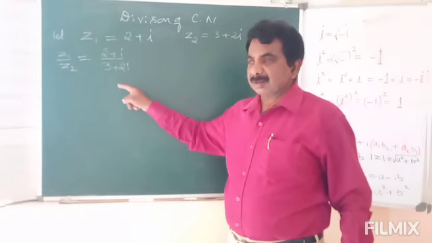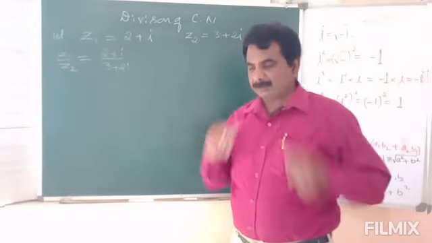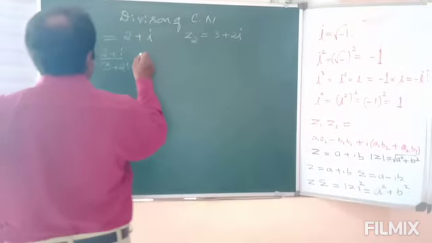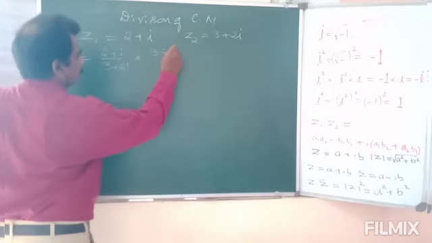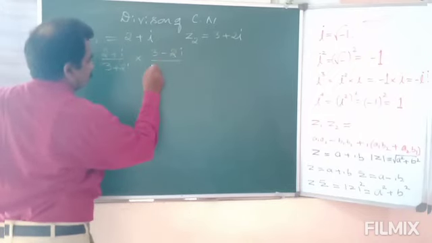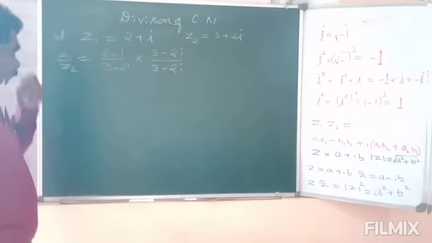Take the conjugate of the denominator, and it will proceed. What is the conjugate of the denominator 3 plus 2i? It is 3 minus 2i by 3 minus 2i; the value does not change.